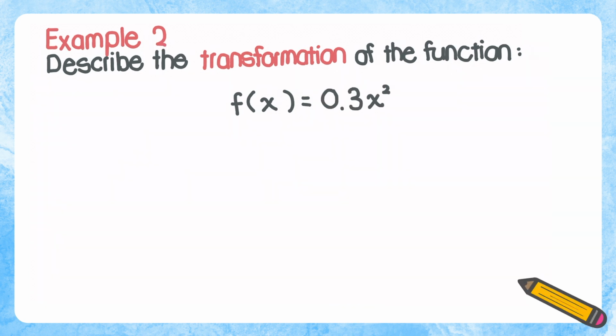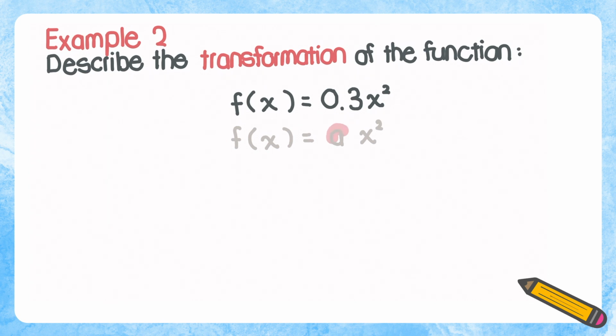For our second example, let's describe the transformation of the function f of x equals 0.3 times x squared. Our general form for today is f of x equals a times x squared.